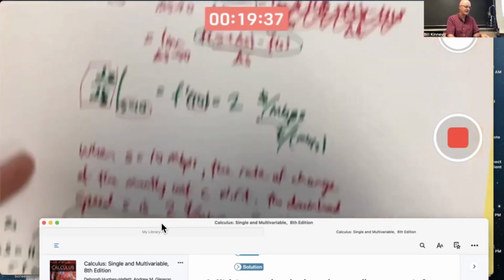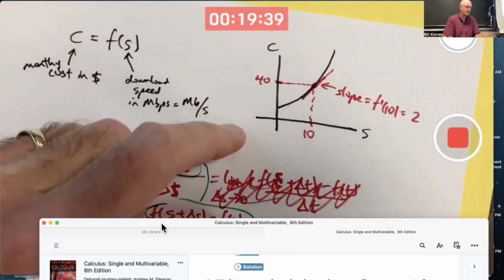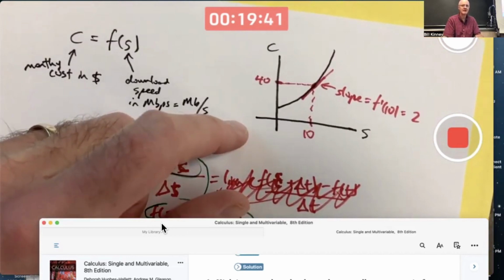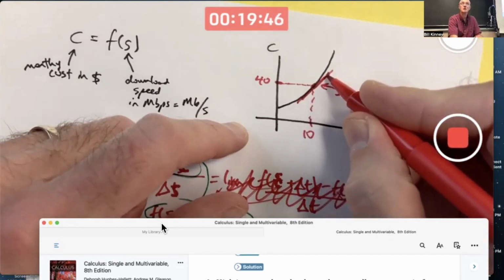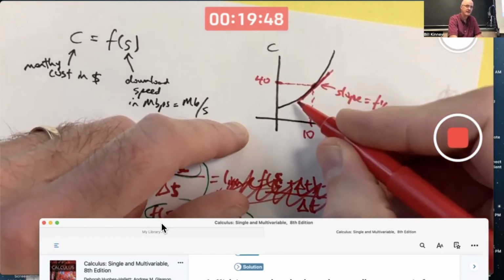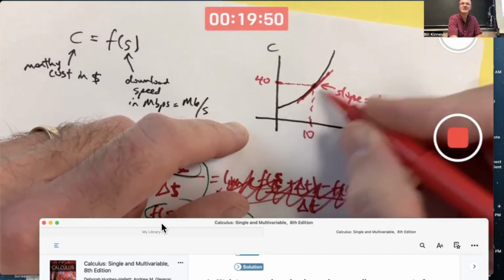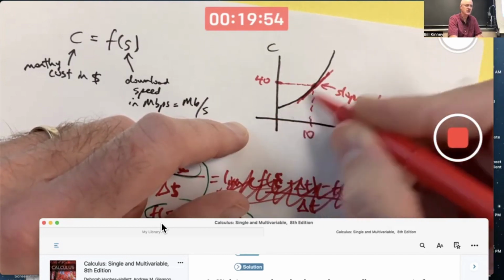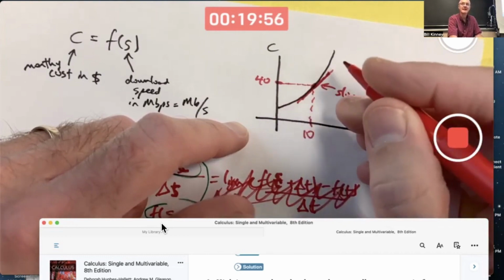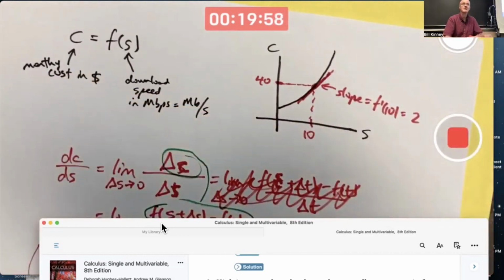If the graph truly is concave up, like I was pretending here, the linear approximation is going to be too small, because the linear approximation really is using the tangent line to approximate the curve. If the curve is concave up, the tangent line will be below it.